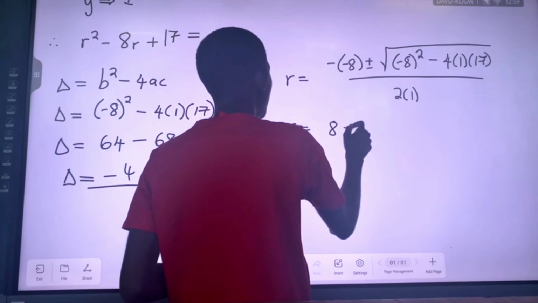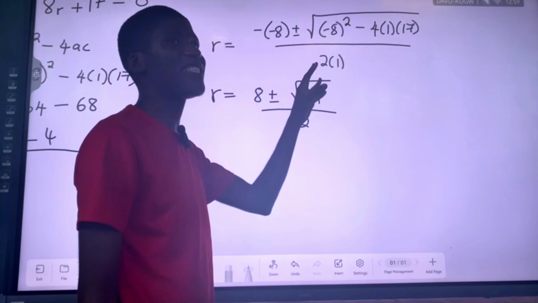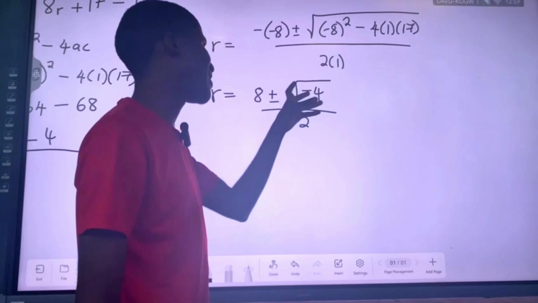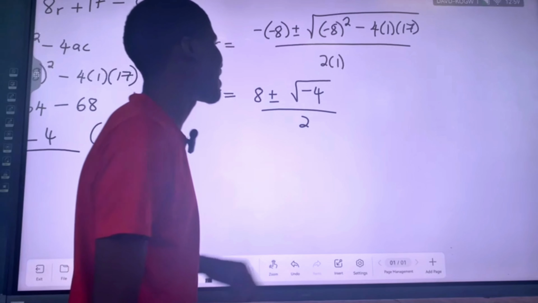Since we are having an imaginary number, you have the square root of negative 4, so there's an imaginary part. You can turn this into 8 plus minus the square root of negative 1 times the square root of 4, over 2.